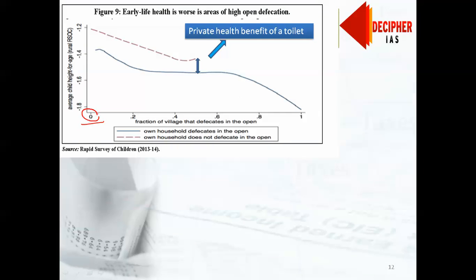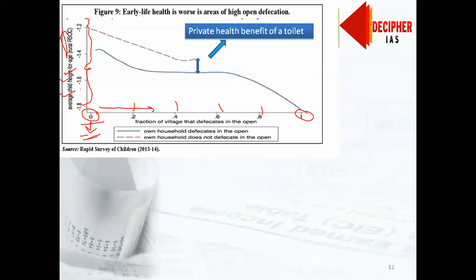Here not a single person defecates in the open in the village, but as we move ahead, 20% defecate in the open, 40%, 60%, 80%, and 100% of people defecate in the open in villages. Now, this graph shows average child height for age. This essentially shows stunting.